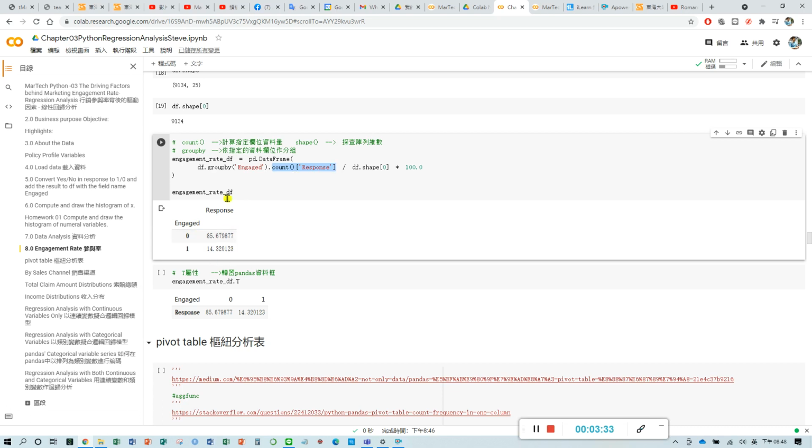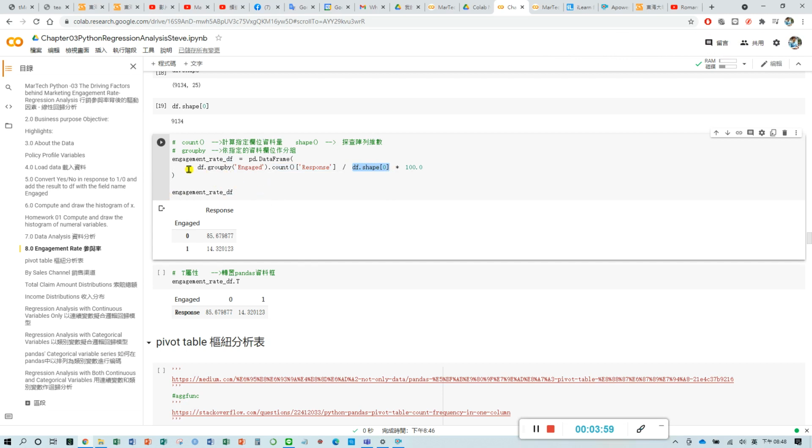Also, you group by the other category, which is 1. So we have the number for the response. Also divide by all observations and times 100, it will be a percentage, right?